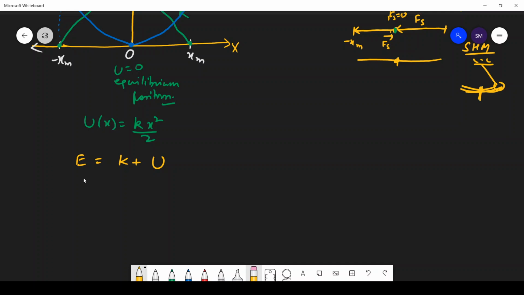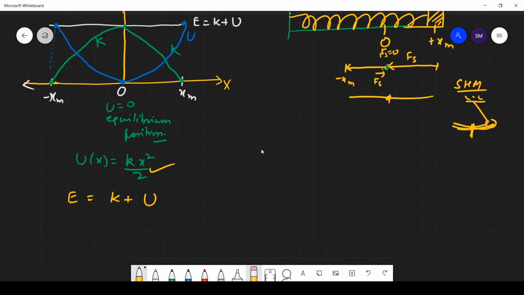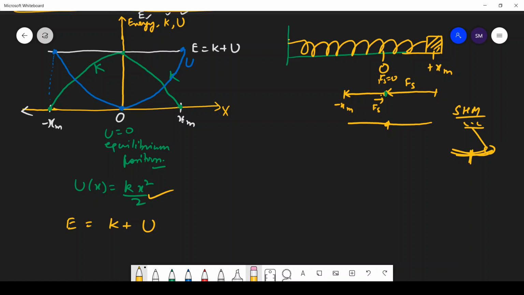See students, what is the total energy here? We have only potential energy here, right? And E is equal to U at this point. At this point, E is equal to K. Again at this point, E is equal to U. Because K is 0 here, U is 0 here, and K is again 0 here. So mechanical energy is equal to potential energy.